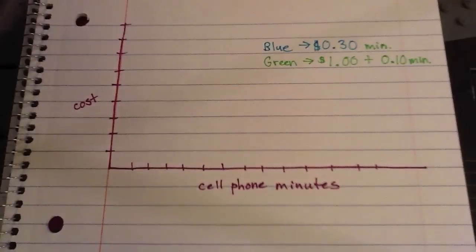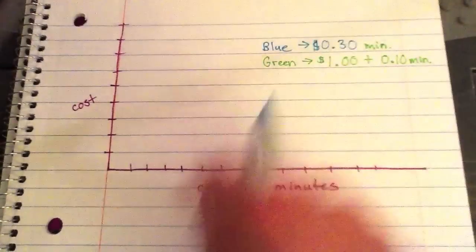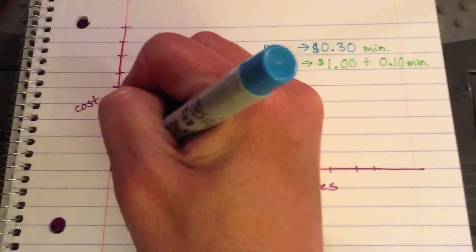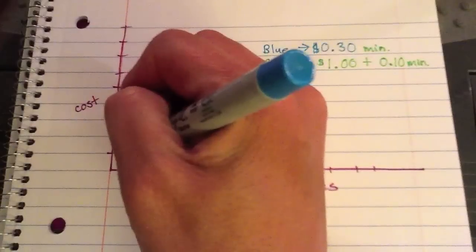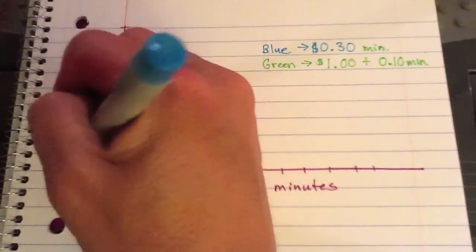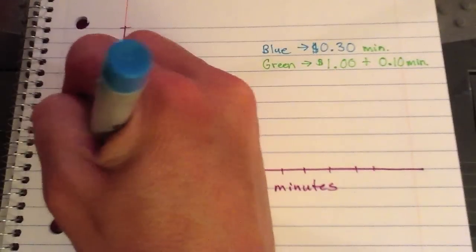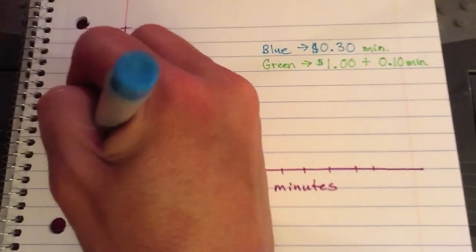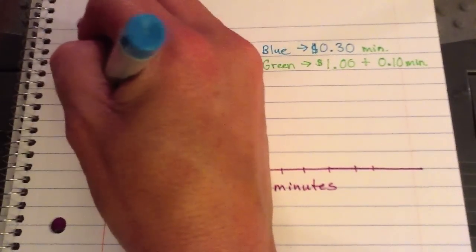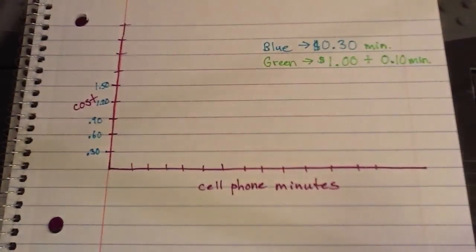So what we're looking at with the blue company is, if we're talking about minutes here, at 0 we have 0 minutes, and then let's say that this is 30 cents, so we go 0.30, and then 0.60, and then 0.90, and then $1.20, $1.50. Okay, we'll just go up to that just to see.